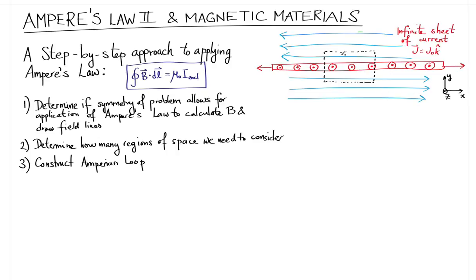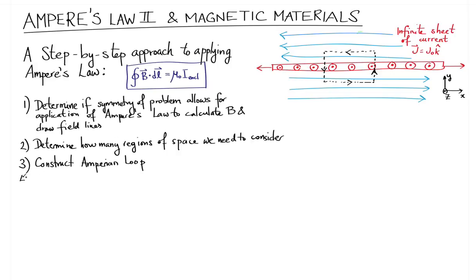And I'm going to choose the direction of my loop like this, such that the directions of B and dl are parallel. All right, so I've constructed my Amperian loop in a fashion that makes it very easy to evaluate this integral.